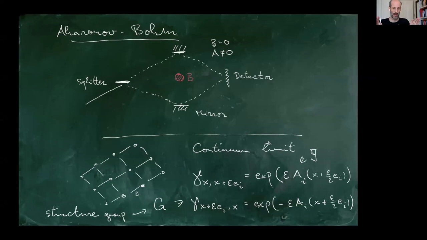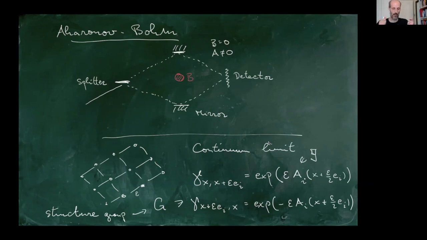So the aim now is to try to guess what is the natural continuum setup that corresponds to the discrete setup that we just described. The discrete setup is the one where you have a graph, and every oriented edge of the graph corresponds to an element of that structure group G, and G is just a compact Lie group.